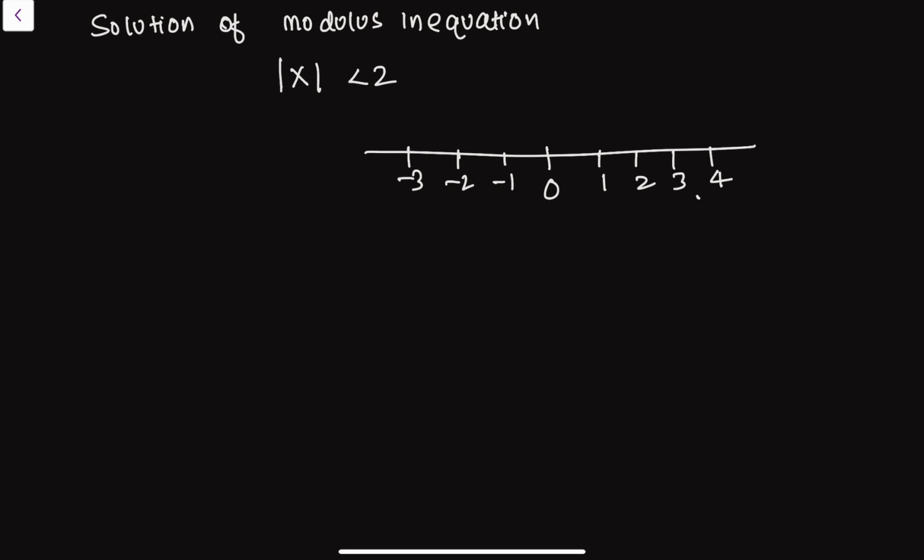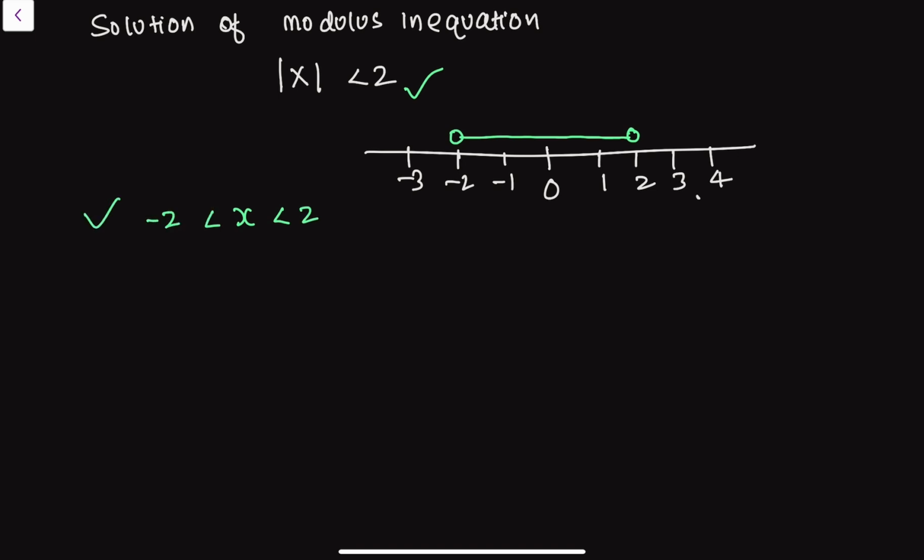Any number between minus 2 and 2, excluding the endpoints. So the solution of this one would be x less than 2 and larger than minus 2.